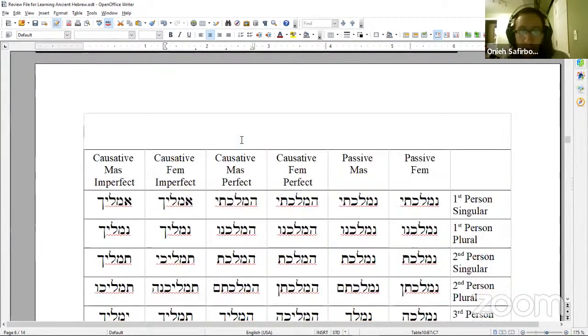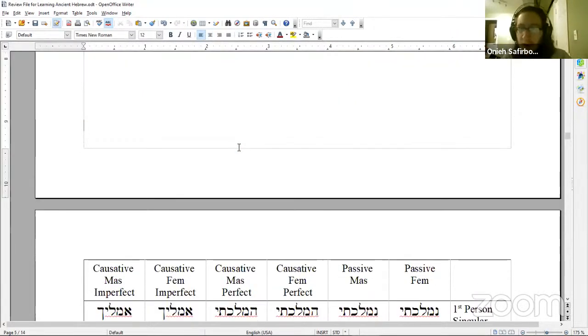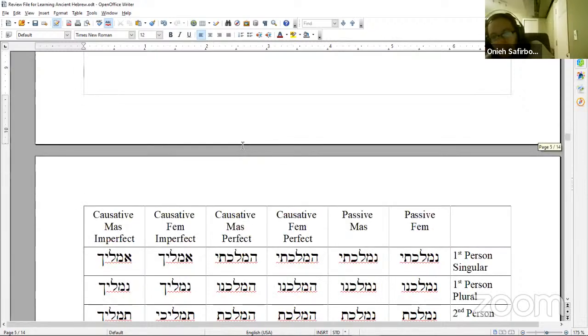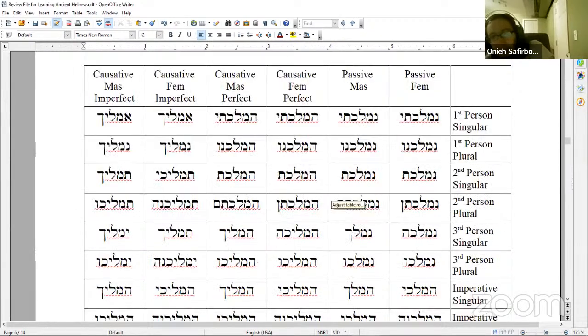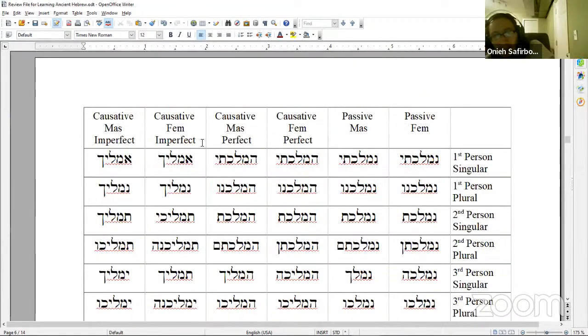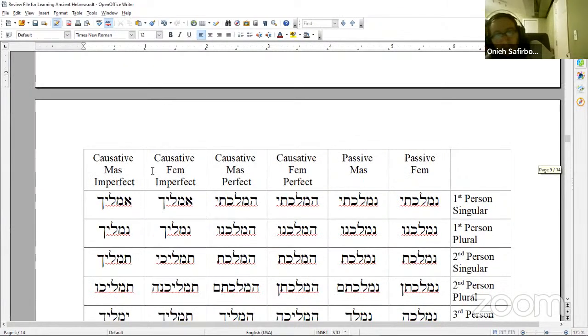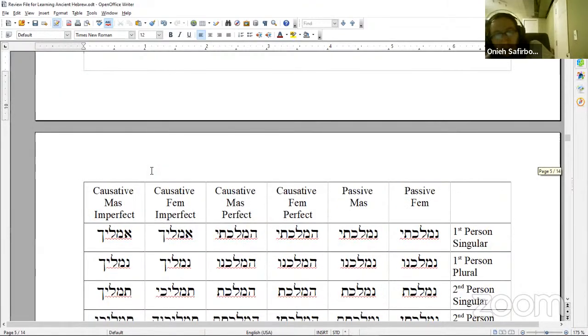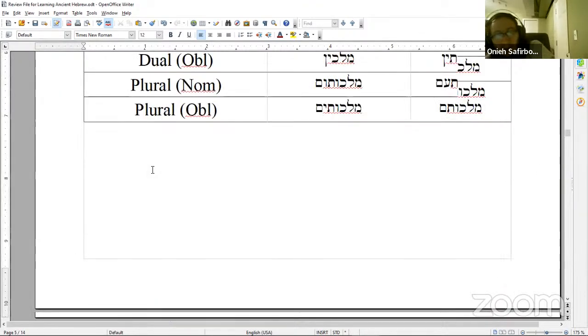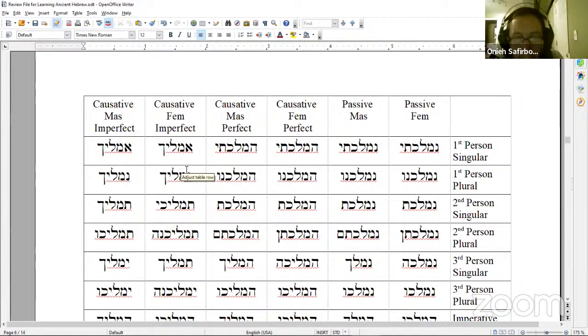Now, we have the verb, which we've discussed a couple weeks ago. This is weird. We're missing a column of verbs. I'm very confident that we had this.